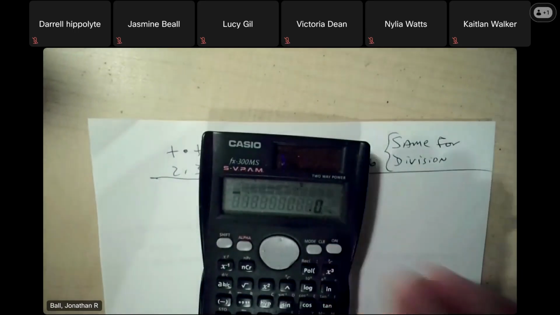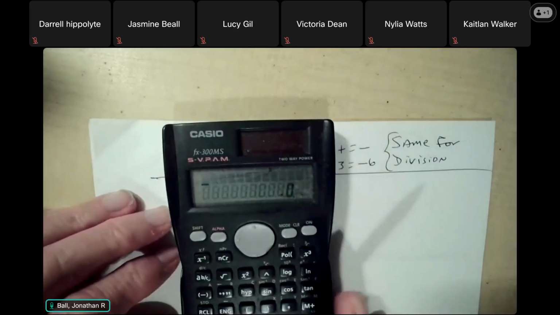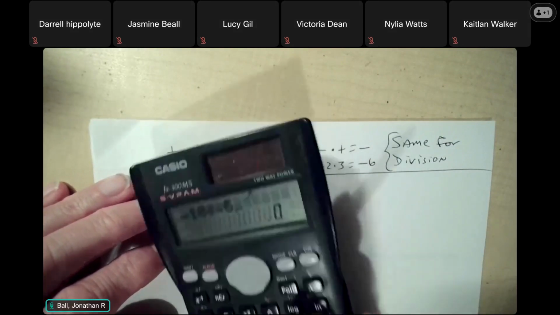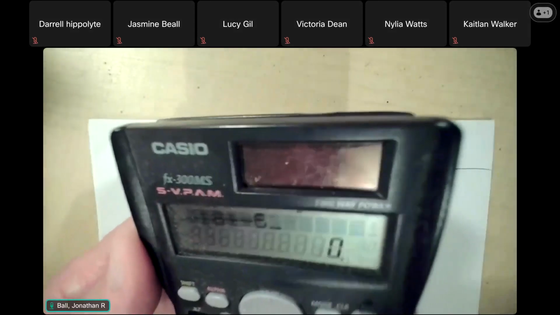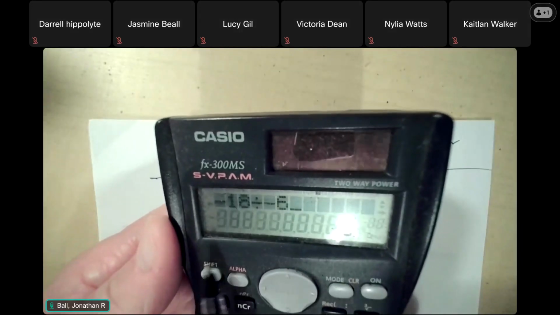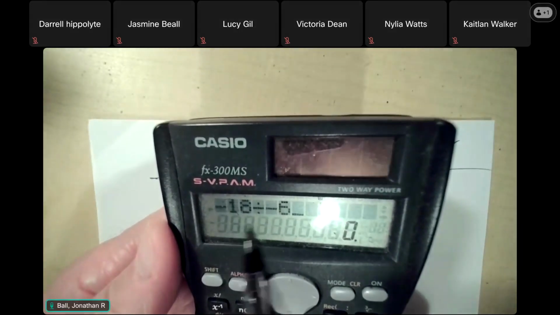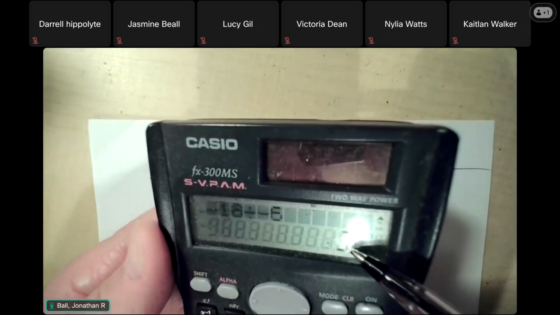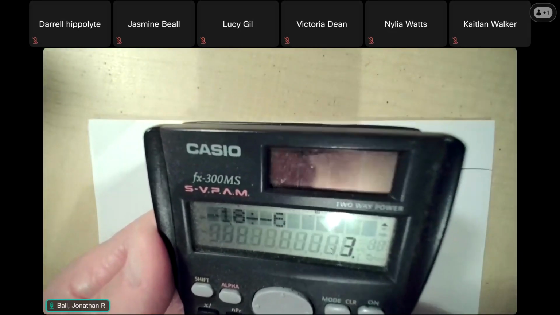For instance, first you turn it on. So if we have negative 18 divided by negative 6, now again, when you do this, look up here and make sure you entered it correctly. And the answer is a positive 3.